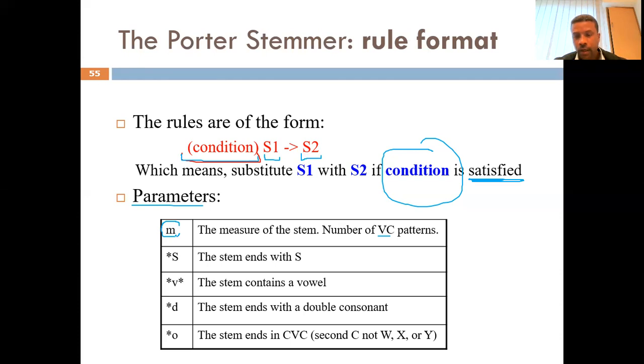Count the number of letters. Yes, tell me the number. 1, 2, 3, 4, 5, 6, 7, 8, 9. 9. ለምን M ምንድን ነው የሚለው እዚህ ጋር?